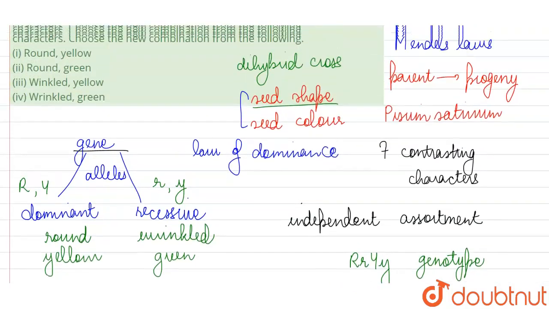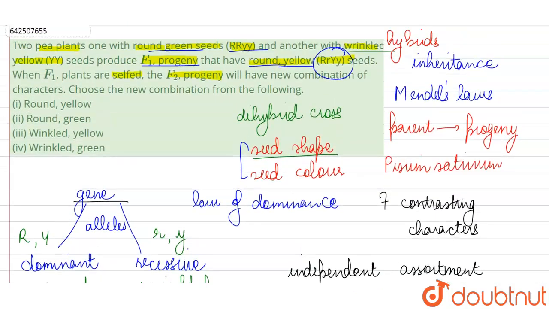What we are going to see here is, some of them are going to have round green seeds, just like this parent had. Some of them are going to have wrinkled yellow seeds, just like the other parent. So these, we can say, are the parental gene combinations. These combinations of seed shape and color were also seen in the parent. So they are also being seen in the progeny.